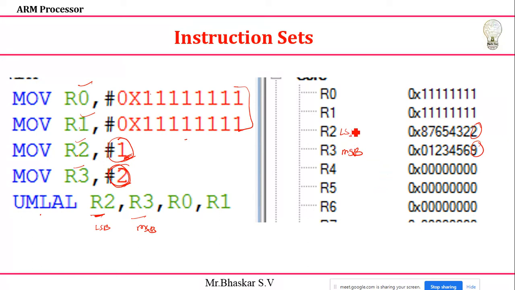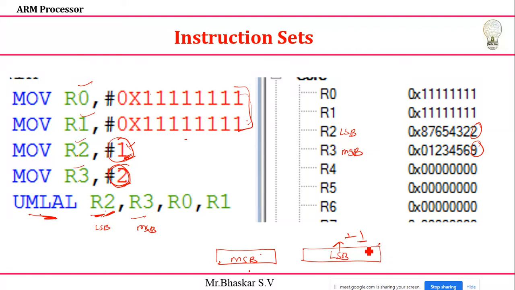Okay, it's very simple. When the MLAL instruction comes into existence, first it will do the multiplication. After the multiplication you will get two complete words, one LSB word and another MSB word. Here my LSB word will be added with the given LSB register value. The LSB register value you have is 1, so it will be added to my LSB value only.